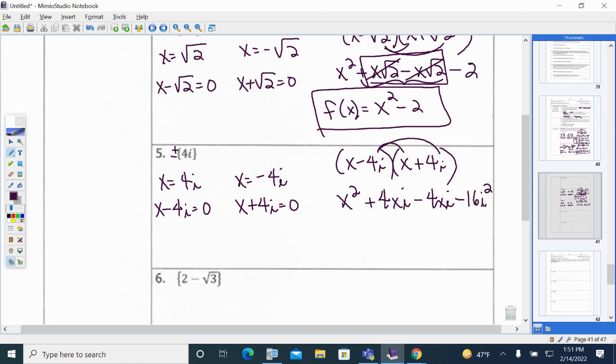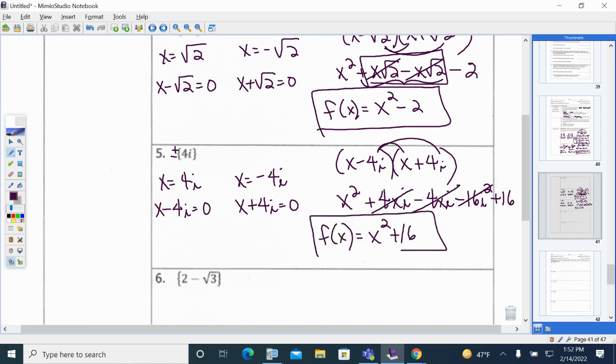And you've heard me say it before, as soon as I see the i squared, I register in my head that that's negative 1. I squared is equal to negative 1, and negative 1 times negative 16 is going to make this term become a plus 16. So the i goes away. You'll notice that those two middle terms are going to subtract out. So we're left with x squared plus 16 for our solution here.